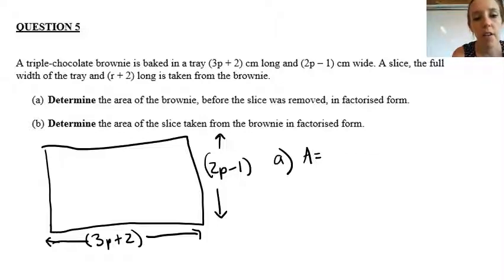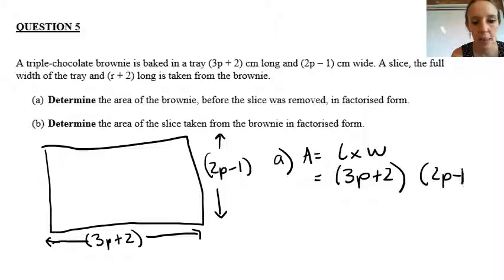So area equals length times width. So my value for length is 3p plus 2, and my width there is 2p take 1. Done. Because it says in factorized form, I don't have to actually solve that. I can just leave it as is. So I've just multiplied the length times the width. There we go. That's the area of my brownie before a slice was taken.